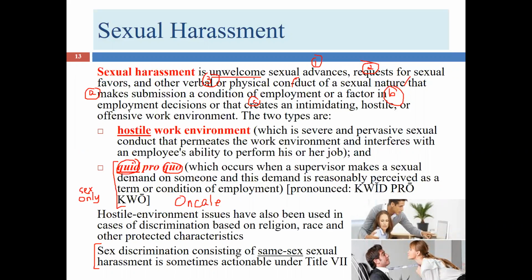Another situation could be when there's sexual harassment of a gay man or lesbian woman by people who do not experience same-sex attraction, or at least they don't identify along those terms. So this could be a way of taunting or embarrassing or humiliating a gay man or lesbian woman by making comments about their possible sexual conduct or preferences in a demeaning and offensive way.